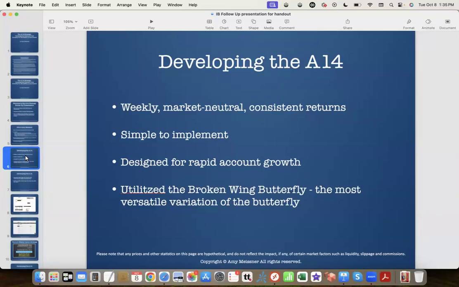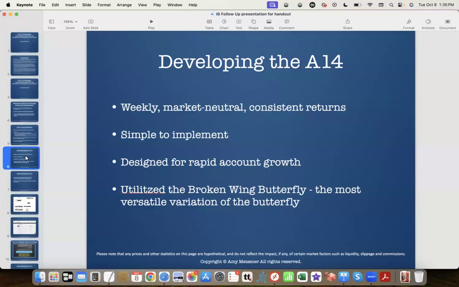So I experimented with a variety of different tactics, but I wanted to utilize some type of butterfly strategy. I experimented over a number of months with a variety of different tactics for entering a trade, managing the trade, like making adjustments, and what the exit criteria should be.